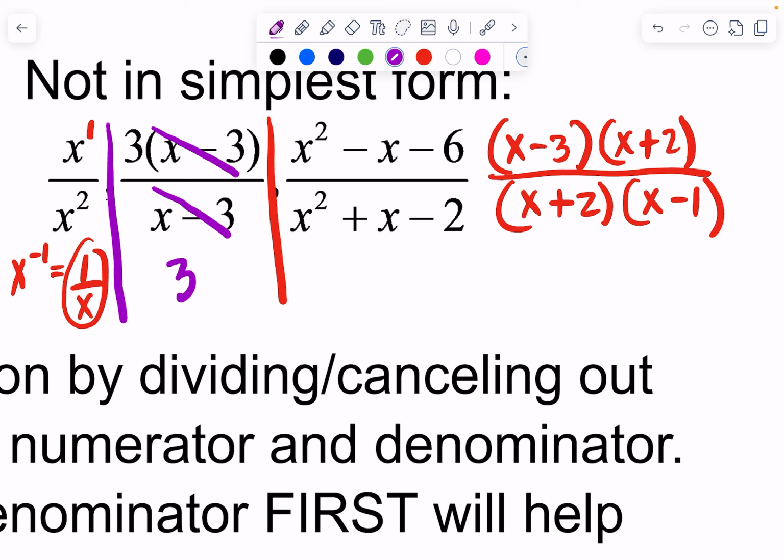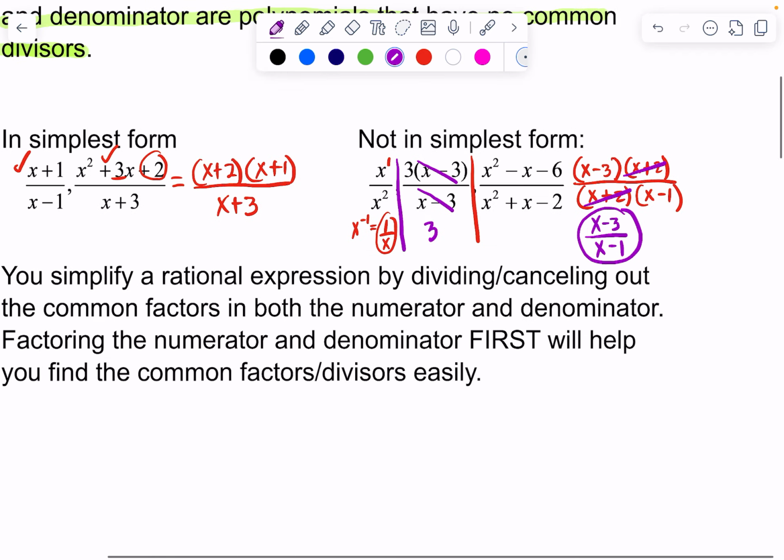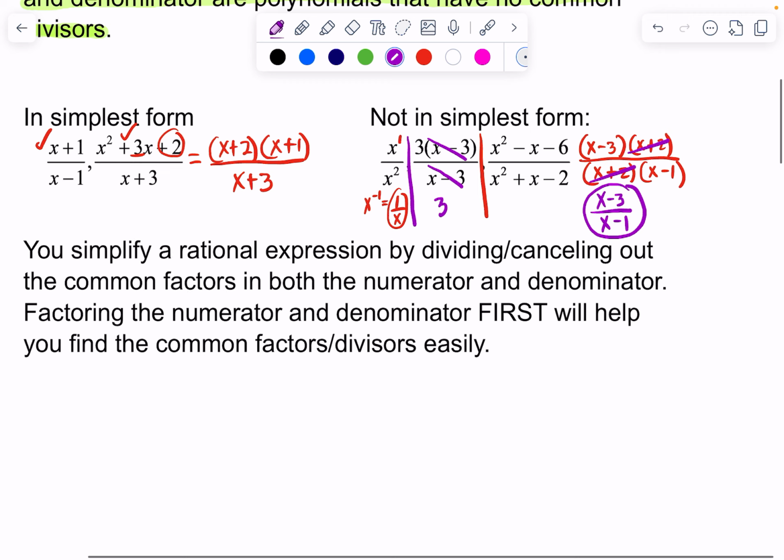If you notice, the exact polynomials x plus 2 can cancel out to 1, and I'm now left with a simplified polynomial of x minus 3 over x minus 1. So, you simplify a rational expression by dividing or canceling out the common factors in both the numerator and the denominator.